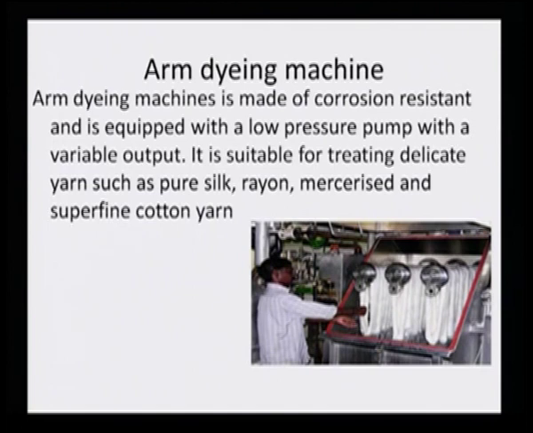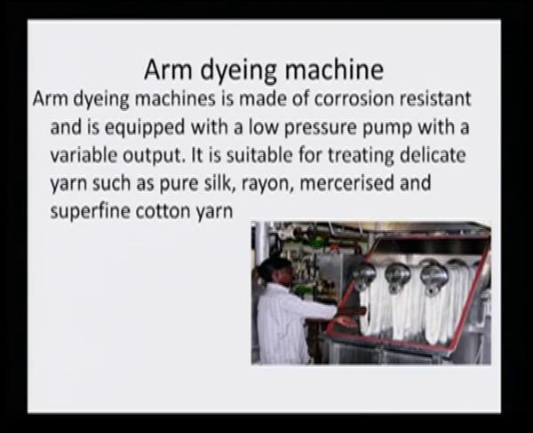So, there is one arm dyeing machine which is only and only meant for the dyeing of these very specific yarns, and these have circular knobs and there is a bath. From time to time it is actually lowered down and it is also rotated at the same time.